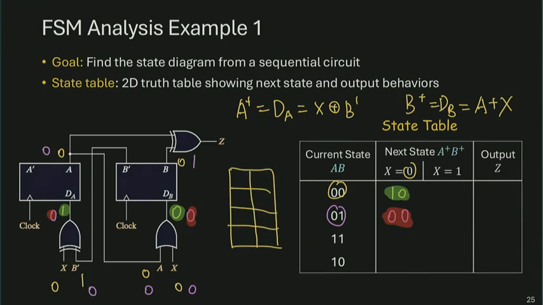I have a truth table that describes A plus in terms of A, B, the current state, and also the primary input X. So X XOR B prime corresponds to this K-map.